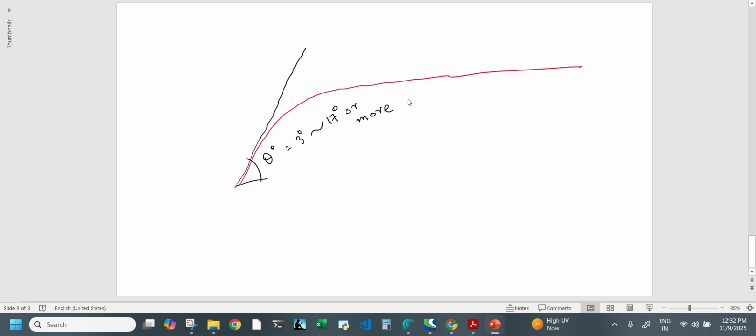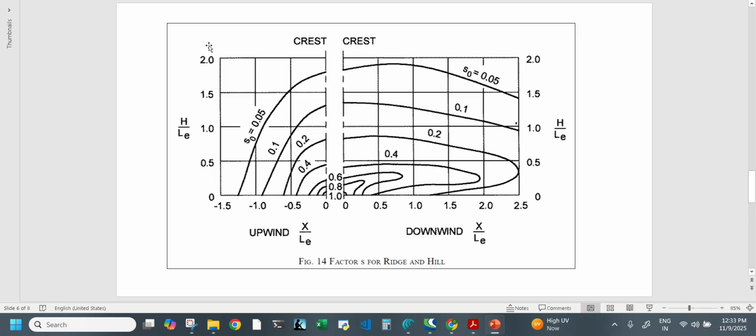But here we can see, if we draw a slope within this region, theta is less than 3 degree. So after the upwind slope, if theta is less than 3 degree, then it is called escarpment. So we can consider this slope as escarpment.